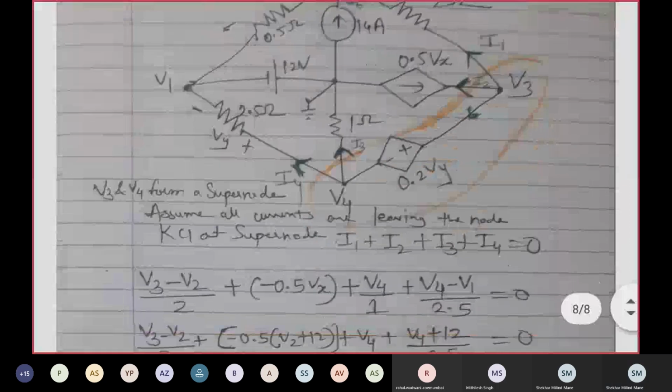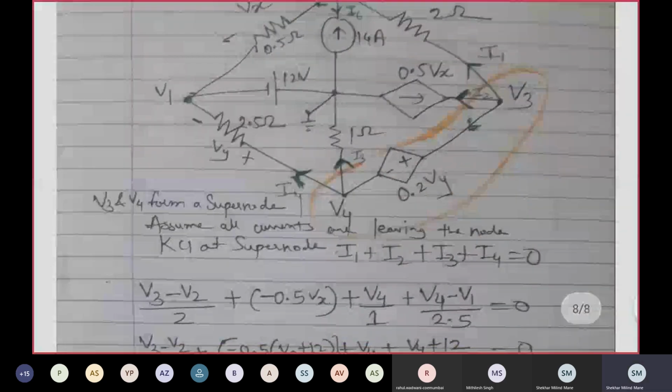And I2 is opposite of 0.5 Vx. So I have written minus 0.5 Vx. Then I3 is going from V4 to ground. So I can write V4 by 1. I4 is going from V4 to V1. So V4 minus V1 upon 2.5.